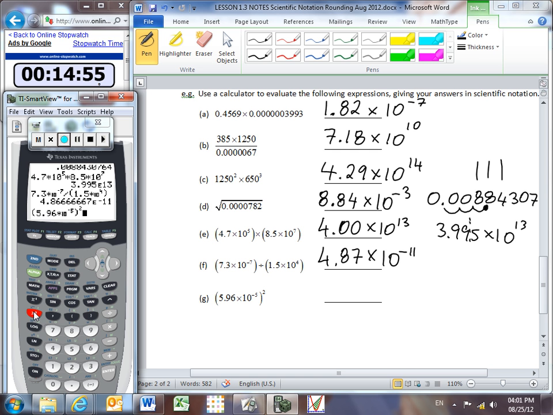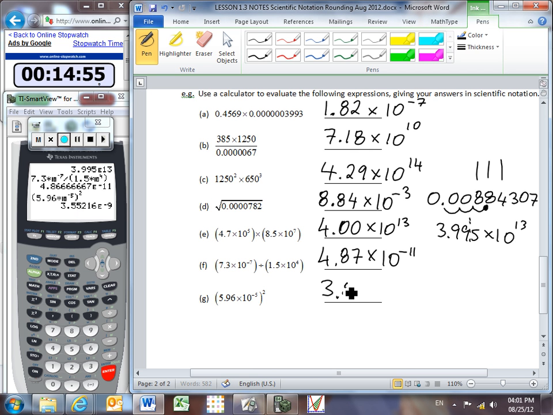So you can press the square button, hit enter, and we get our final answer. If we go to 3 significant figures, 3.55, and what comes after is smaller than 5, so it doesn't change this 5. 3.55 times 10 to the power of negative 9.